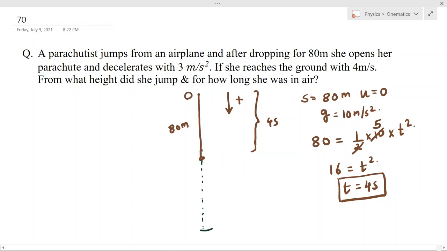This distance we do not know, but you can find out the initial velocity.